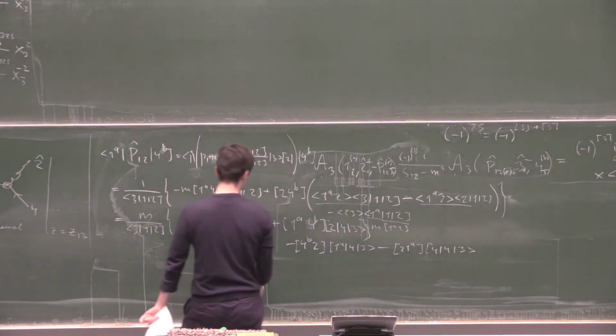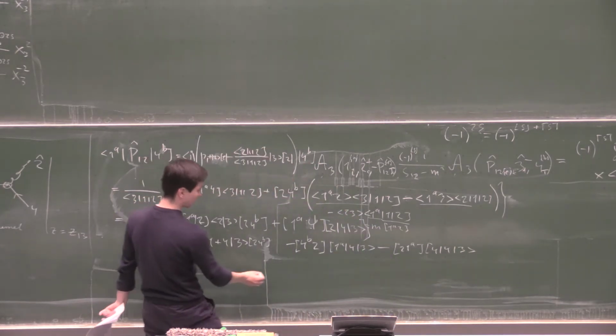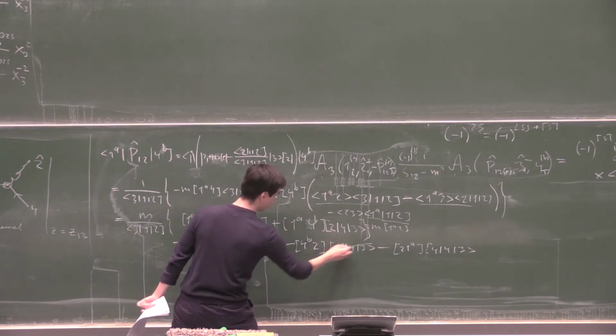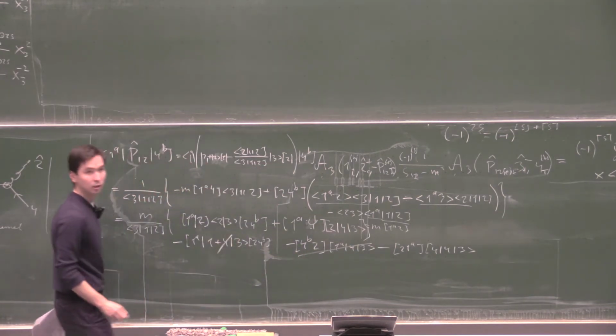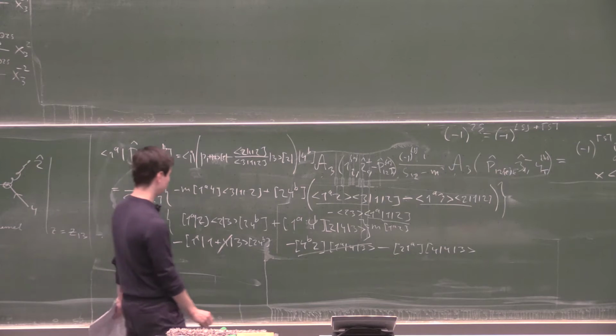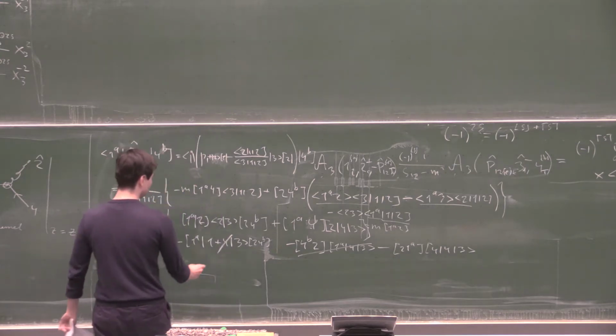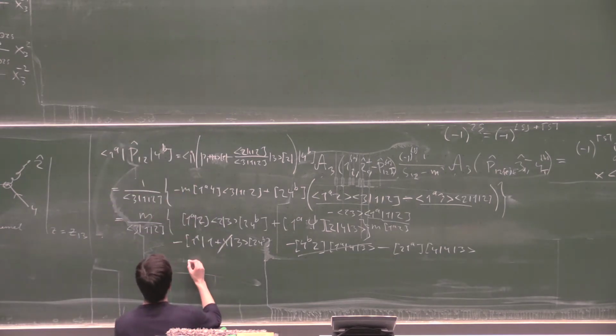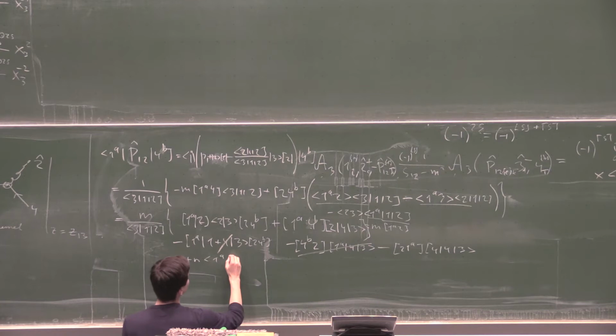Now I see that this term cancels with this term inside this bracket. And the remaining part is, here I get plus M 1A 3 times 2, 4.